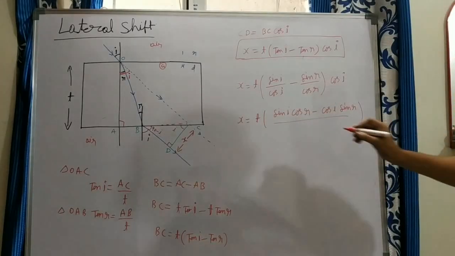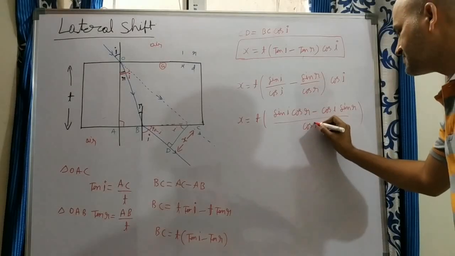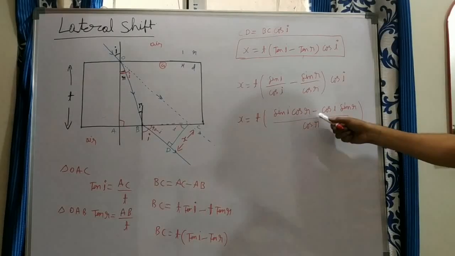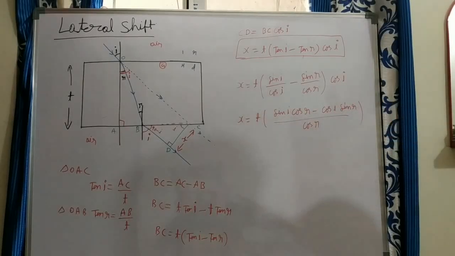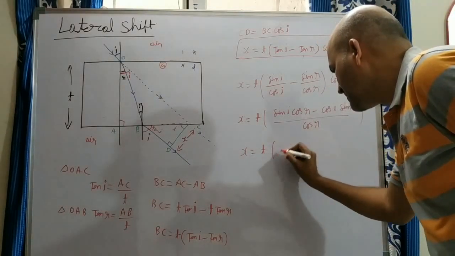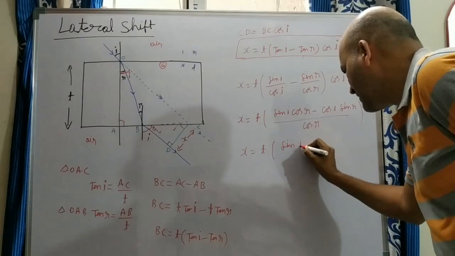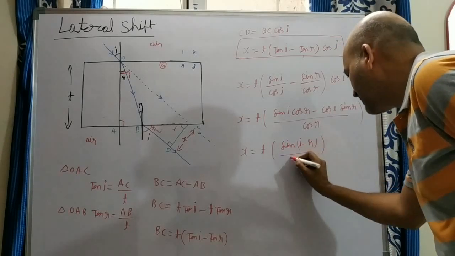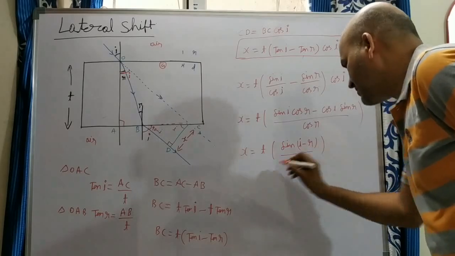Cos I gets cancelled and only cos R remains. You see the formula sin A cos B minus cos A sin B, which is sin of A minus B. So x equal to T sin of I minus R by cos R.